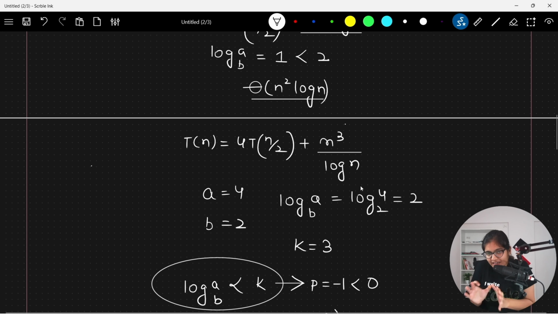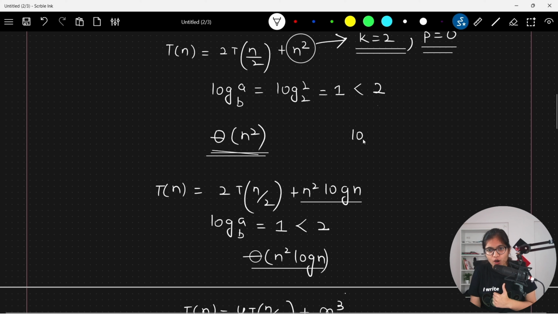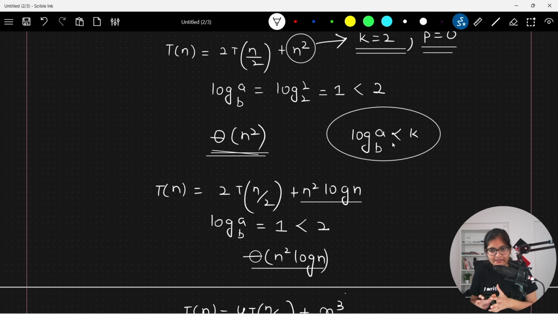So in a nutshell, for case number 3, whenever the value of log of a base b is less than the value of k, if this is the constraint that you are getting here, you are supposed to see what the value of p is.